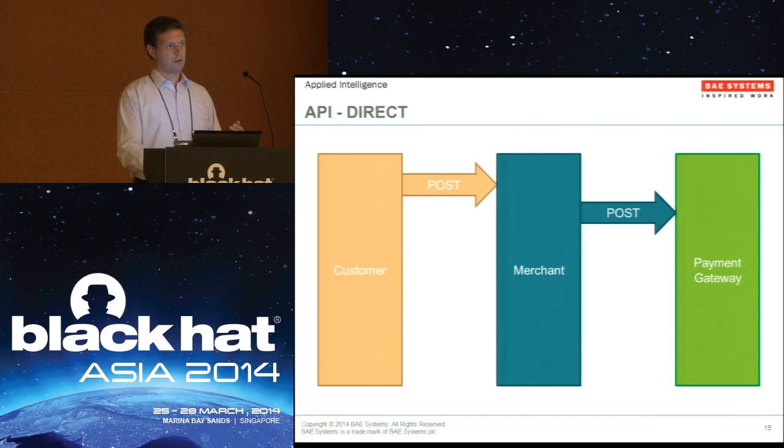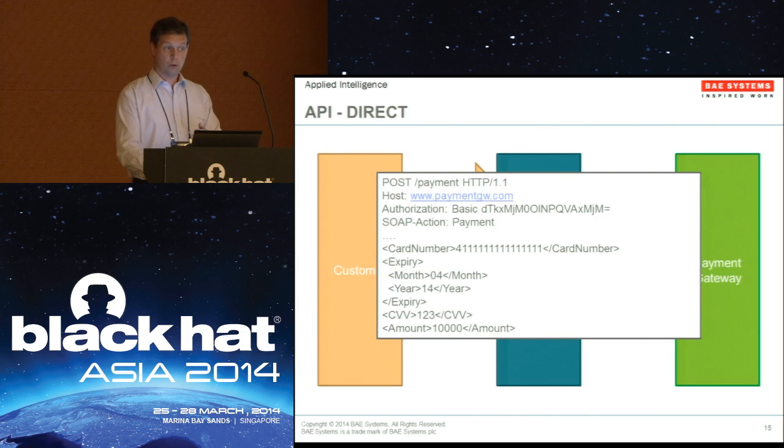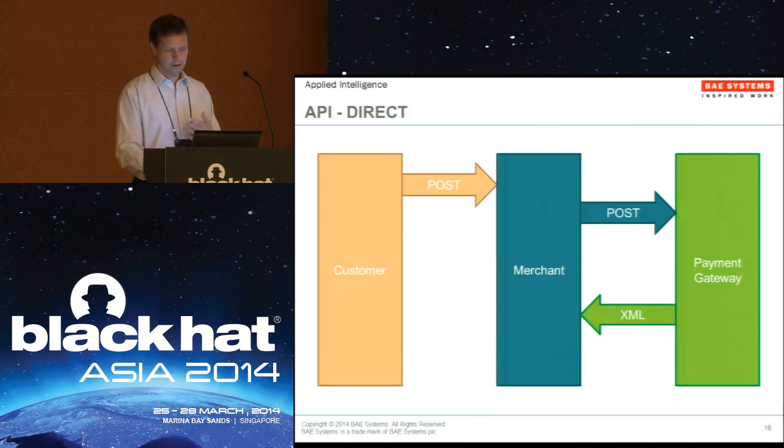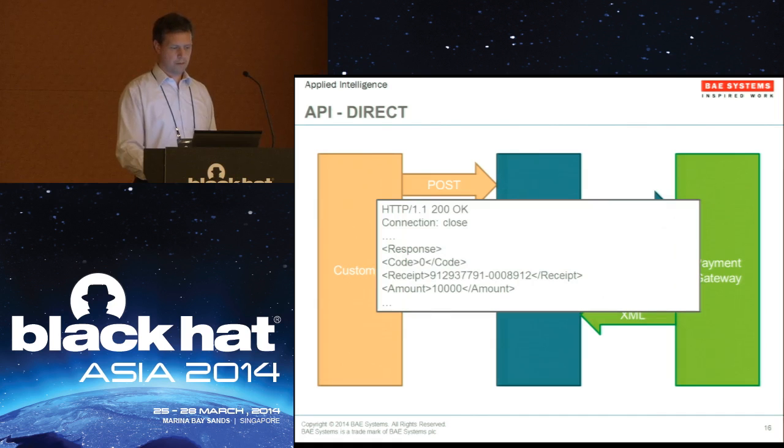Then when the merchant receives it, they go ahead, they make a SOAP request to the payment gateway. In this case, authentication is enabled, and so you wouldn't be able to impersonate, say, the merchant, because you would have to know the username and password. Then the payment gateway charges the card, sends back a status, whether or not payment was received, there's a receipt, more information than that.